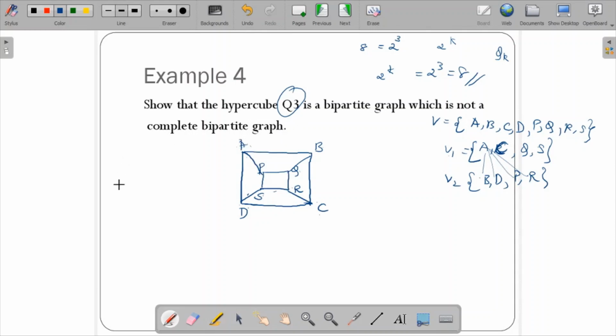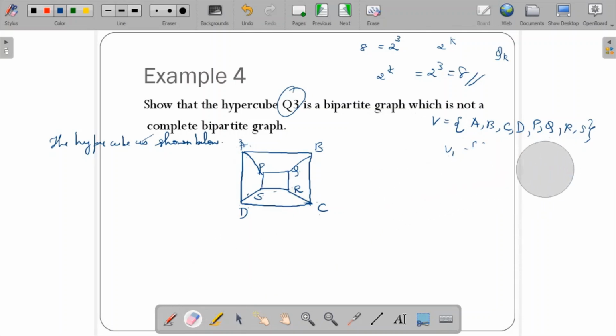Now you need to write this in theoretical terms. So I'll write: the hypercube is shown in this figure. Write down the statement, the hypercube is shown below, with the vertices.